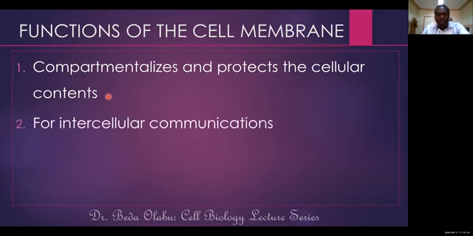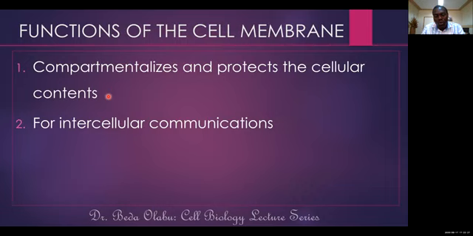The cell membrane is also important for intercellular communications. This is to mean if two cells were to communicate within the body, that communication can be affected by the cell membrane, and especially the cell membrane of the recipient cell, the cell membrane of the target cell.